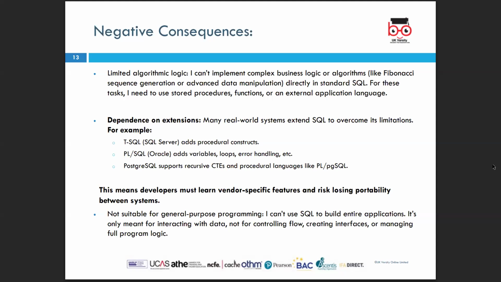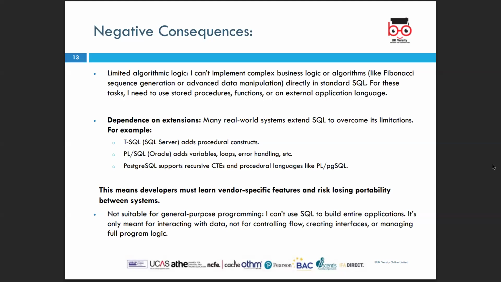With the dependence on extensions, many real-world systems extend SQL to overcome its limitations. For example, T-SQL adds procedural constructs. PL/SQL, such as in Oracle, adds variables, loops, and error handling.